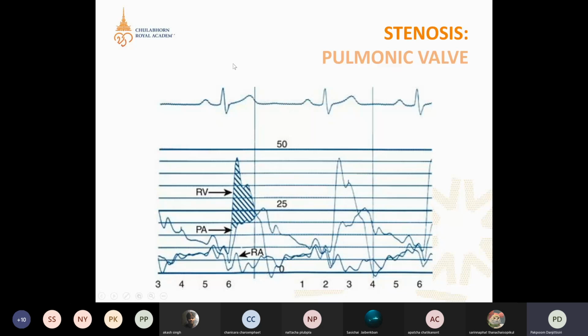Then you go to the pressure over here, and you will see that this is RV and this is the pulmonary artery, so the gradient occurs over here. So yeah, that describes the pulmonary valve stenosis. Okay.